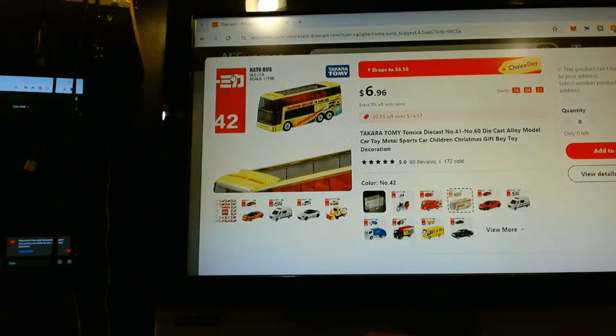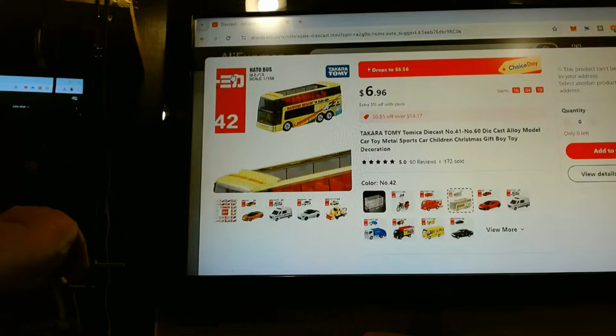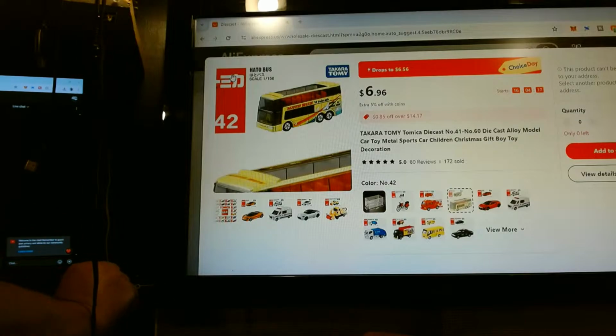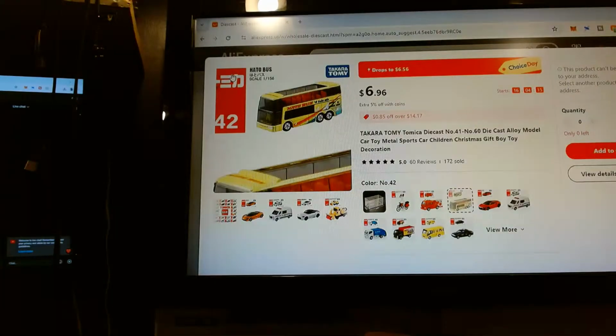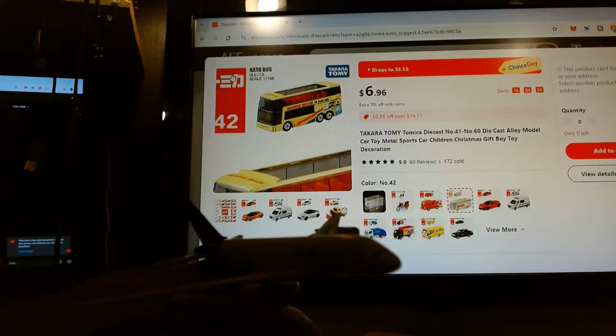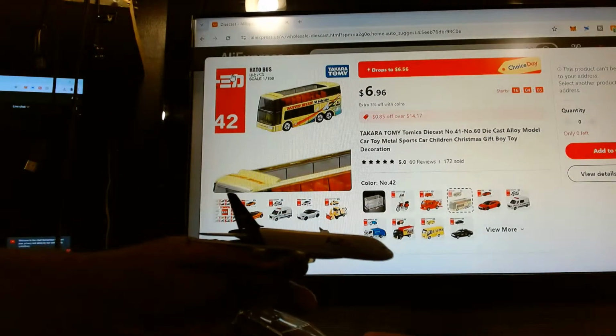Okay, you have to pay attention to the scale when you're buying stuff. And of course, the bigger ones are going to be a lot more expensive. This 1/400 scale, these are about $10 a piece, and these are not the best quality in terms of detail.